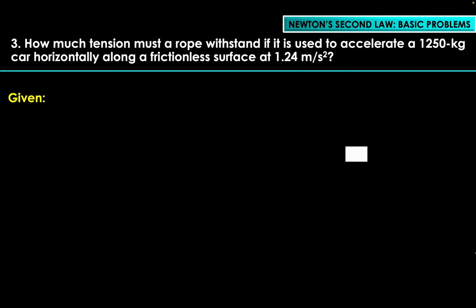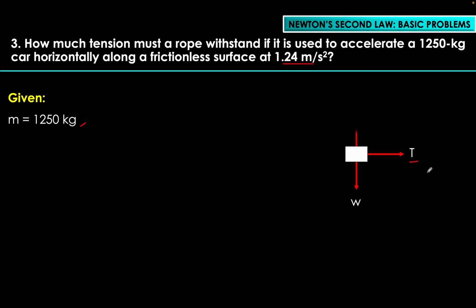For the car, we have 1,250 kilograms as the mass. Then we are looking for the tension force that needs to be exerted on this car to accelerate it at a certain value. That would be represented by this rightward arrow, and letter T stands for tension.